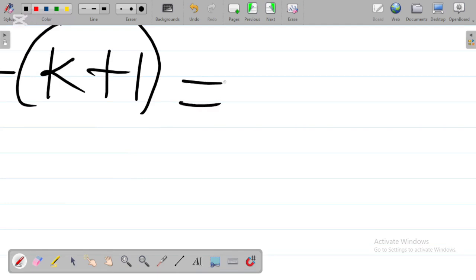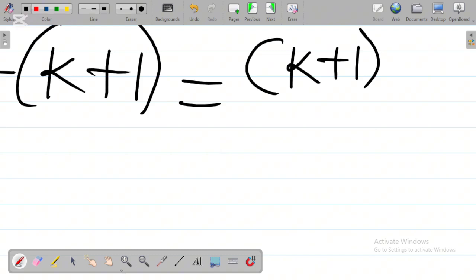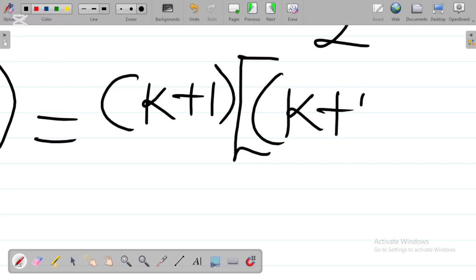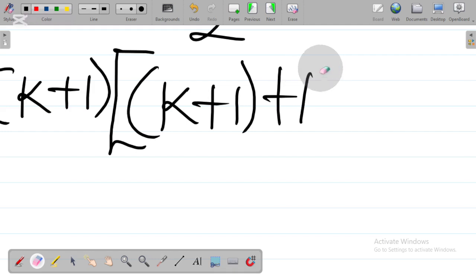So it's equal to open bracket k plus 1 multiplied by, we have here k plus 1 and then plus 1. Now let me erase this one and write it well.